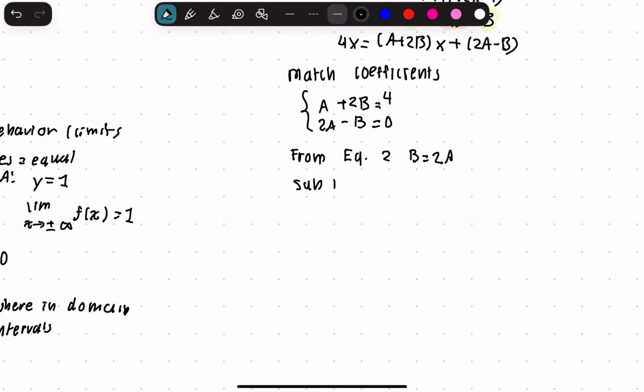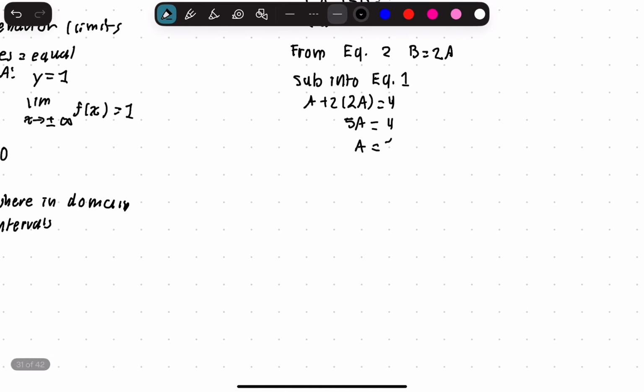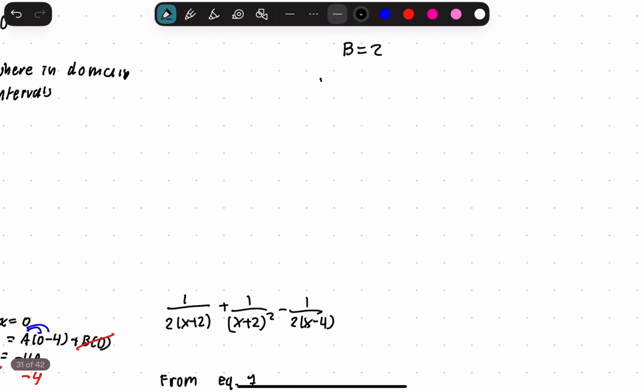Sub into equation 1, then we have A plus 2 times 2A is equal to 4. So it's going to be 5A is equal to 4. Therefore, A is going to equal 4/5. Therefore, B is going to equal 8/5. So your final answer is going to be 1 over 2x minus 1 plus 2 over x plus 2.